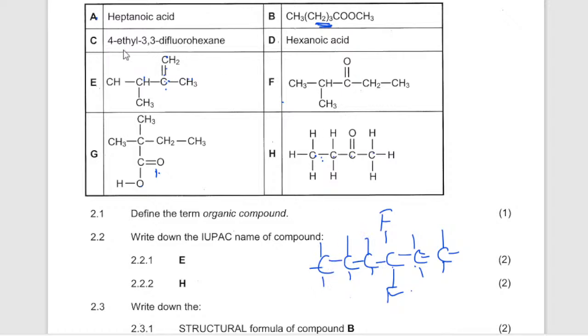Then you have 4-methyl, meaning that if I come from this side, 1, 2, 3, 4, I have a methyl here. Is it methyl? It's ethyl. So you fill it with the hydrogens. That's the structure you're supposed to draw.